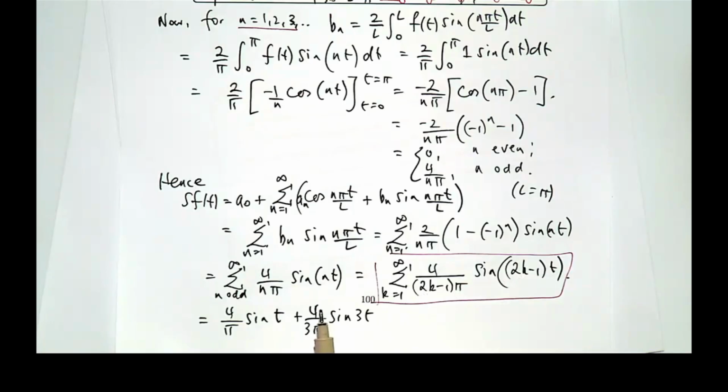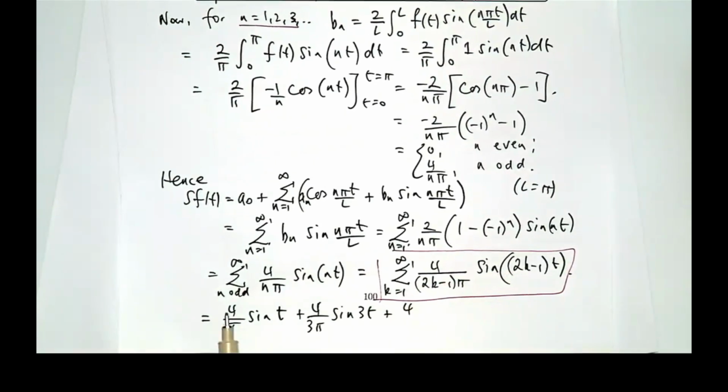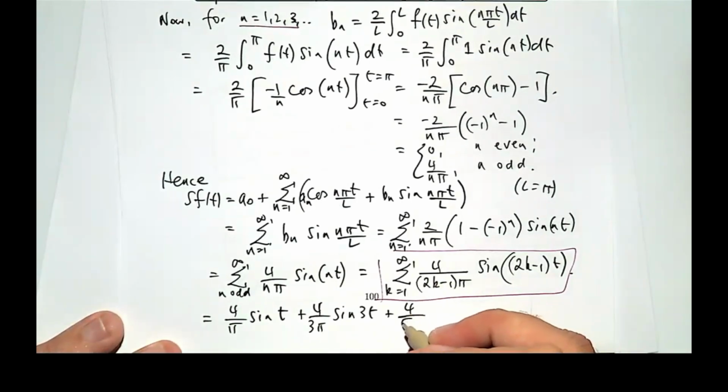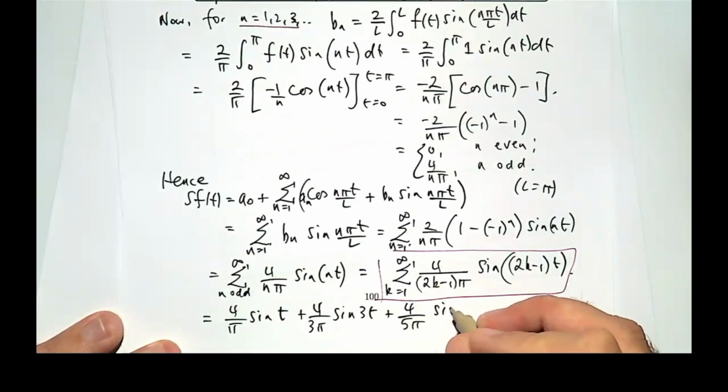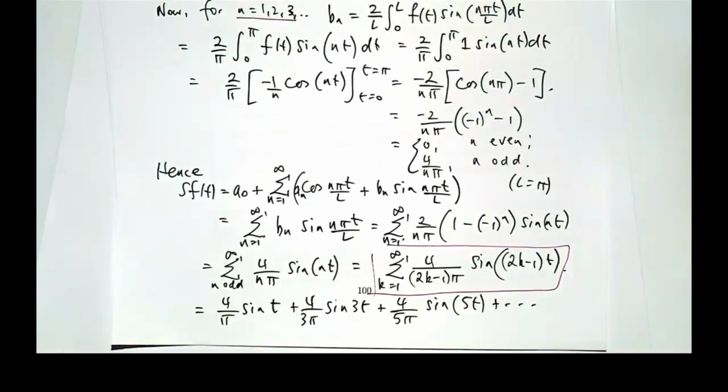k equals 1, 3, 5. So I've done 1, oh no, 2, 3. Sorry, let's put in k equals 3. So I'll get 4 on 5 times pi times that. And k equals 5 gives 4 on 9 pi times sine of 9t.